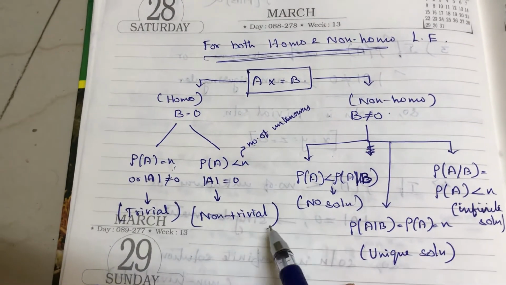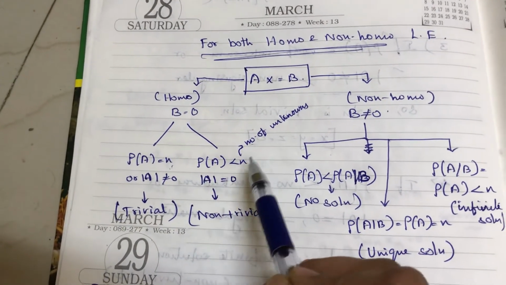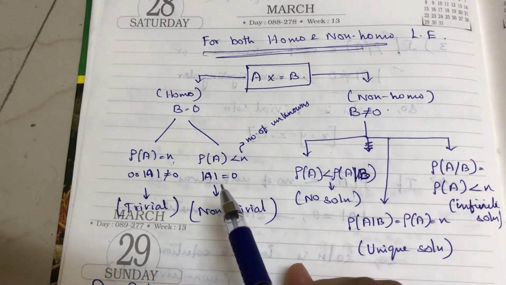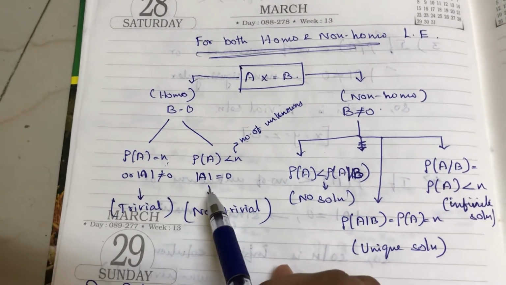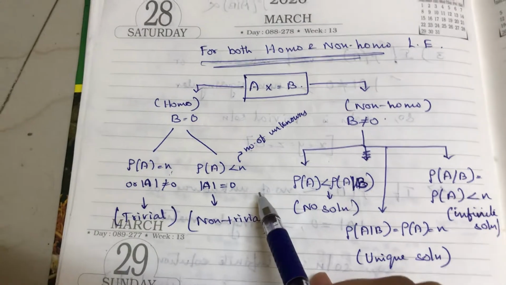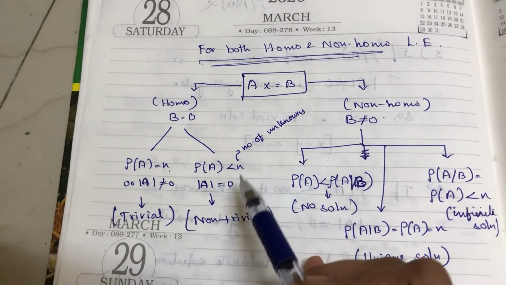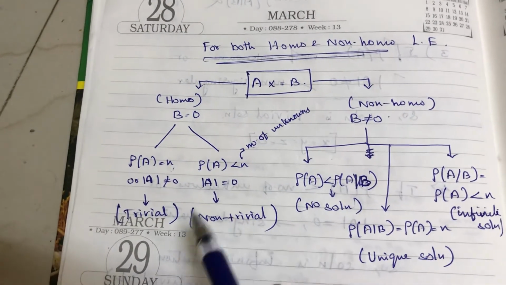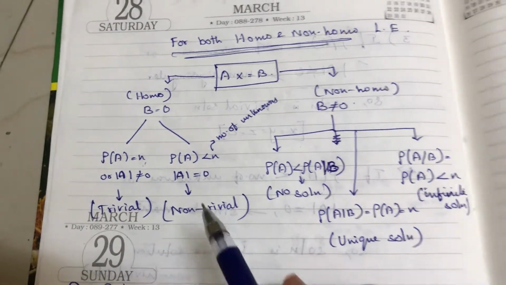Rank of A less than n, or determinant A equal to 0, means non-trivial solution. If either condition holds, the solution will be non-trivial.